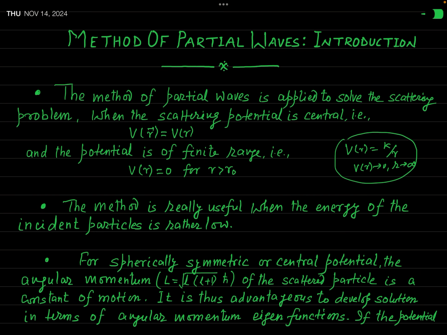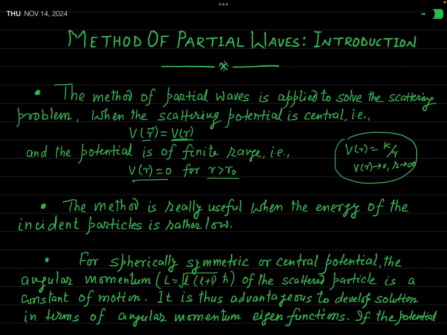And you know, when you talk about central potential, that potential depends only on the magnitude of the position vector r. Okay, so when V of vector r is equal to simply V of r, then you say that potential is central. And when you talk about that the potential is of finite range, what does it mean? It means this potential V of r vanishes, it becomes 0 after a definite value of r.